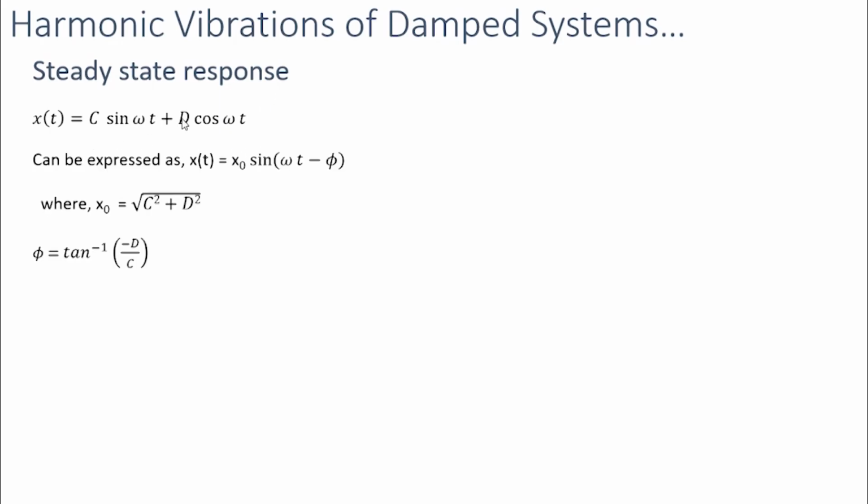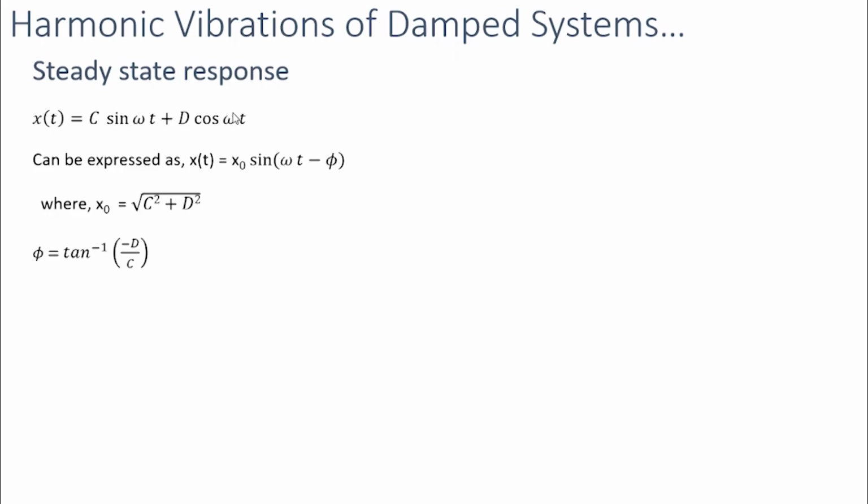Now let's explore the steady state response in detail. As the transient response decays with time, the steady state response is the predominant form of vibration. So as we have seen already, this is the expression for the steady state response, and this can be alternatively expressed as x naught multiplied by sine omega t minus phi.